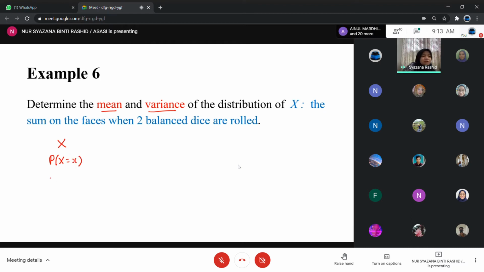Okay, for the next row, you akan add row XPX. Nanti I terang apa benda ni. Okay, and then you tambah lagi row X square dan X square PX. So you need to add these 3 rows. Daripada table yang asal tadi tu, probability distribution, you add this another 3 rows.